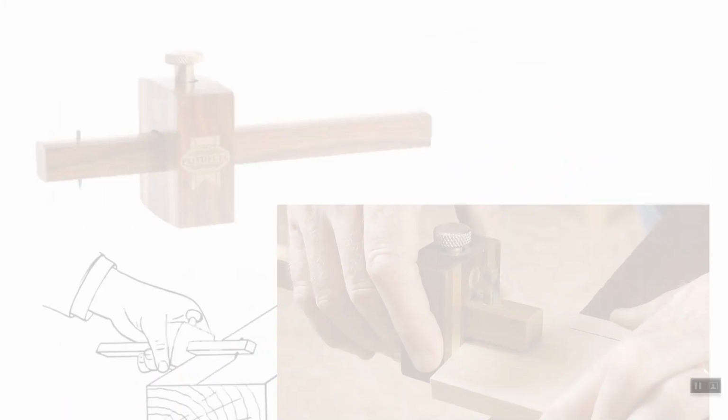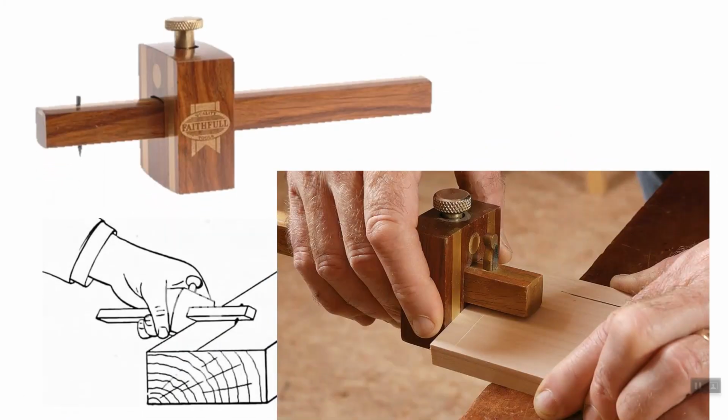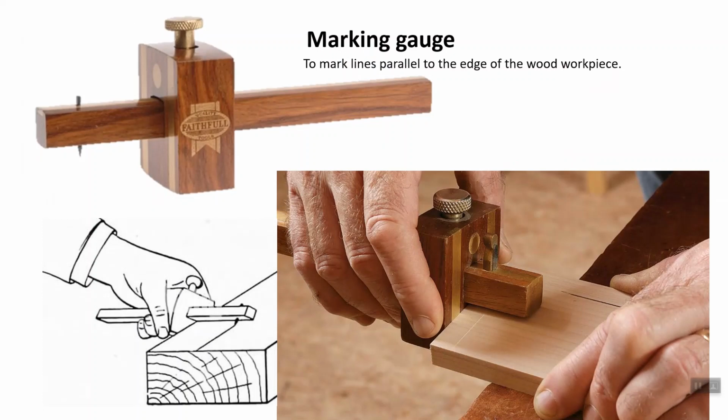Then we also have the marking gauge. This tool is used to mark lines parallel to the edge of wood workpieces. As you can see on this drawing, here you have a sharp tip, which is used to scratch and mark out the wood.